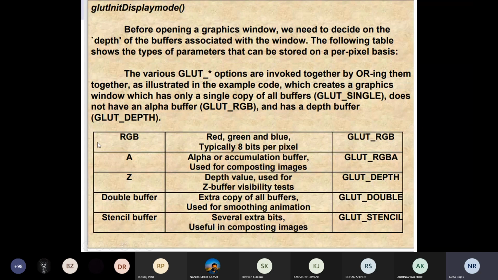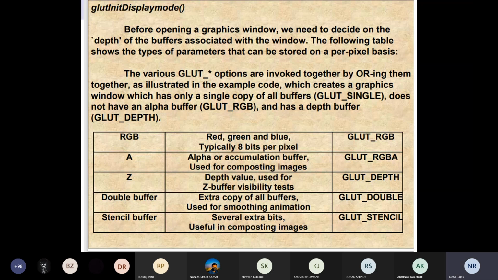So what is glutInitDisplayMode? Before opening a graphics window we need to decide on the depth of the buffer associated with the window. I told you, in raster scan display and random scan display, we have a buffer. Okay, बफर आपको याद आ रहा है, मैंने बोला था कुछ बफर मेमोरी होती है, बफर फ्रेम होता है, right.